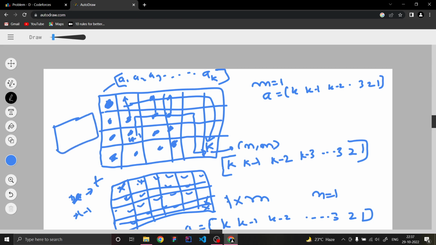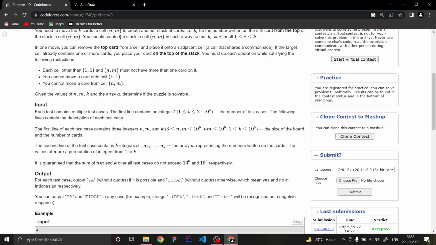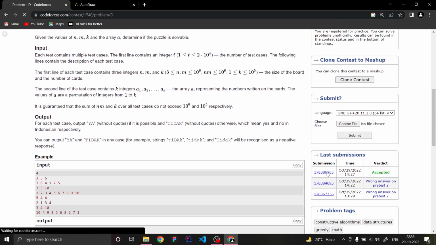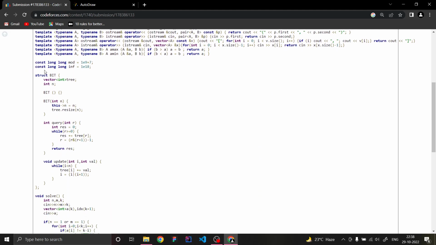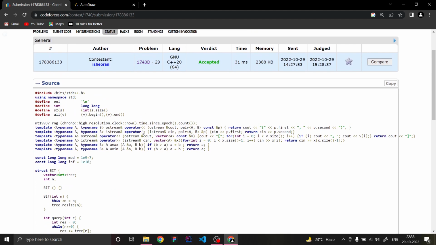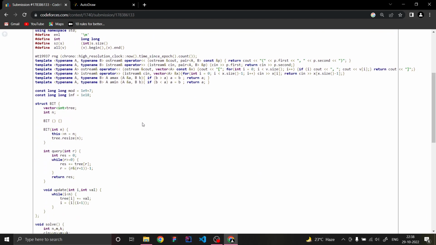So how we will do this, let's see the code. In this code I have used a binary index tree. Actually, we do not need a binary index tree. If you try to observe, you can take a count.